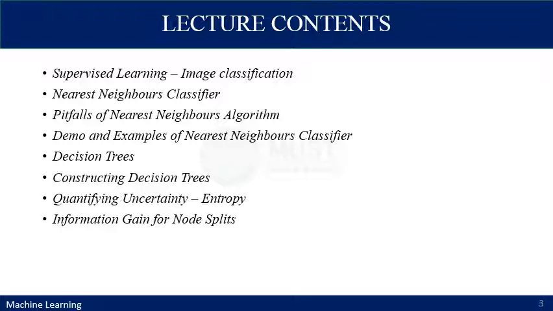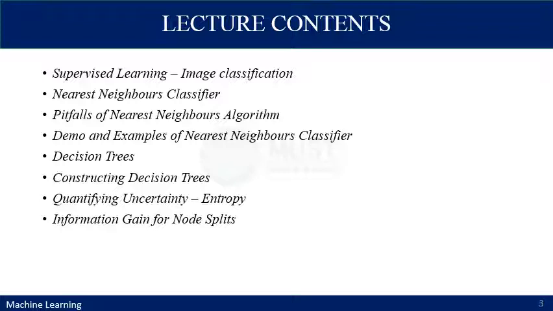After the discussion and the implementation steps of the nearest neighbor classifier, I will discuss some pitfalls of this algorithm, that is, what the difficulties are in classifying examples using the nearest neighbor algorithm. And on top of that, in the final discussion of the nearest neighbor, I will present a demo and some examples of the nearest neighbor classifiers.